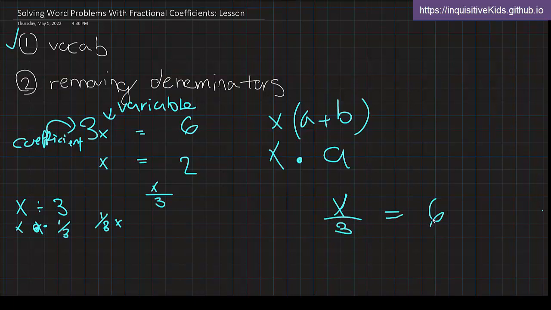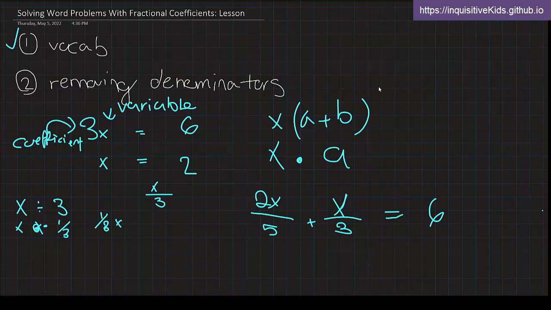What we would do here is try to get rid of this denominator. Really, this is 1 over 3 times x, right? But let's say we also have another term, 2x over 5. So 5 and 3. We want to get rid of both of these denominators.